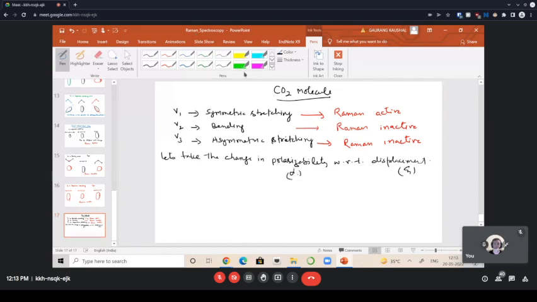We will draw the curves here: this is for the first mode, the symmetric stretching mode; the second one is the bending mode, nu 2; and the third one is nu 3, the asymmetric stretching mode.